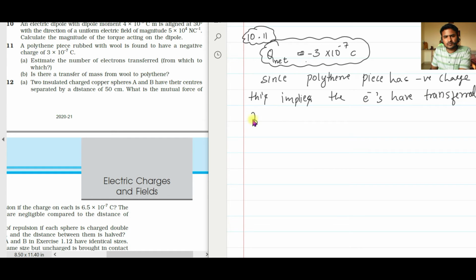From where to where? From wool to the polythene. All right, and now the question is, estimate the number of electrons transferred. Okay, how many number of electrons are transferred?